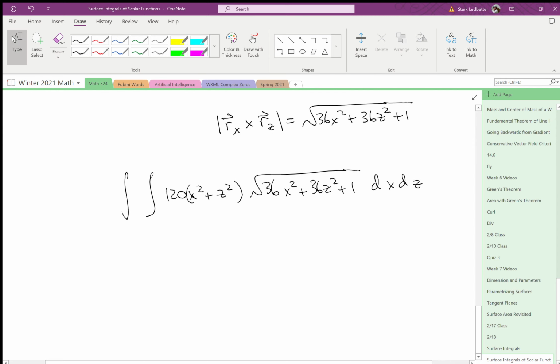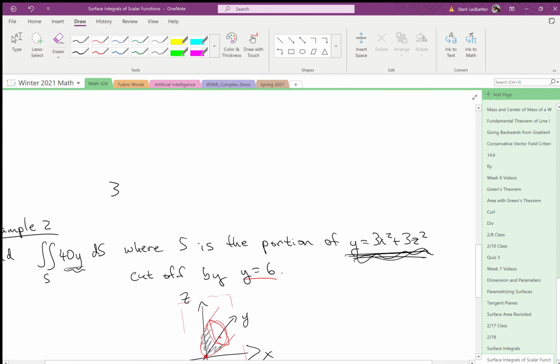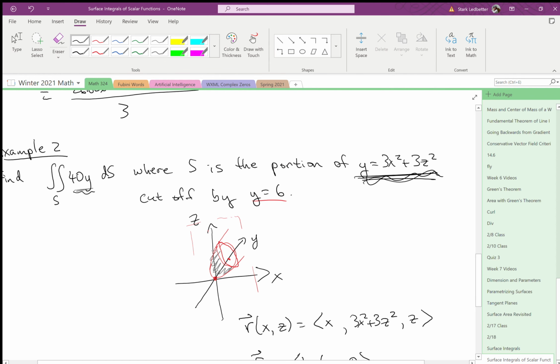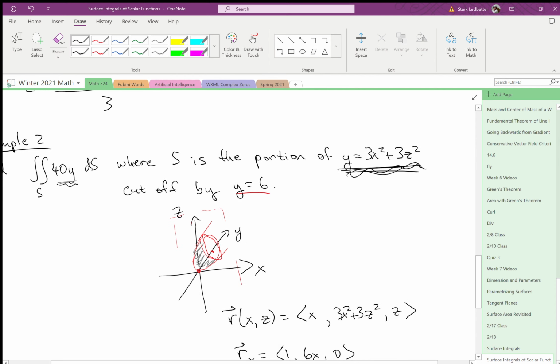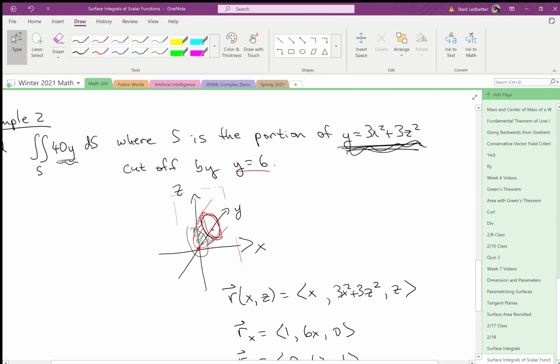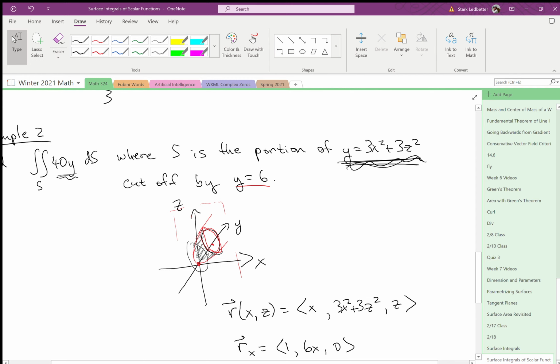Okay, what region am I working over? Well, I'm parameterized in x and z, so I need to look at the shadow of this surface in the xz plane, and it's a circle of radius 6. It's that circle translated over to the xz plane. Okay, so this is going to be kind of ugly, right? Oh no, not a circle of radius 6. What radius is that circle?